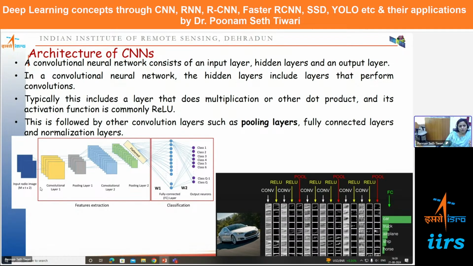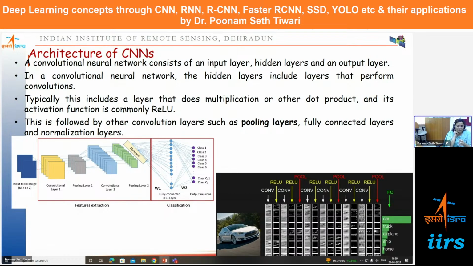In the CNN, the hidden layers are there. Some hidden layers are convolution layers, the filters that we are applying. Then we want to reduce the size of these layers also, so we use an operation called pooling. So convolution, pooling, convolution, pooling, convolution, pooling. Like this, we go on repeating it. At the end, always, because this is all done in two-dimensional space.